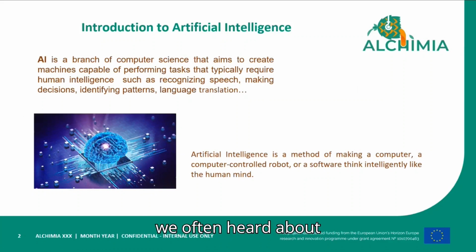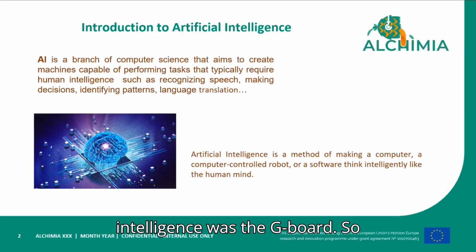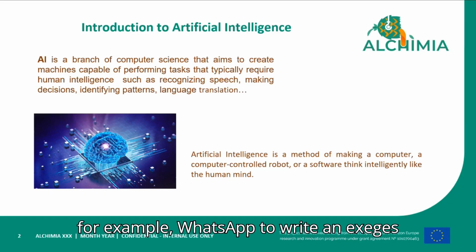We often hear about these two terms, and we have actually been using it for at least 15 years on our mobile phones. How? The first application of artificial intelligence we used as normal users was Gboard, the keyboard we use on, for example, WhatsApp to write messages.